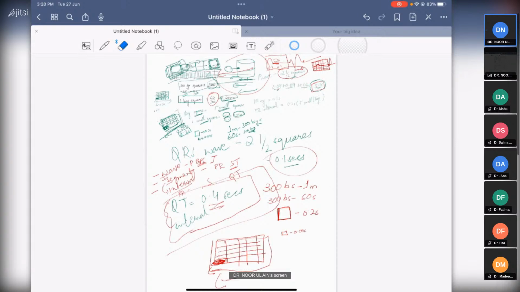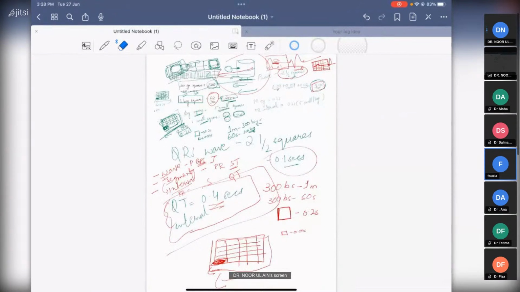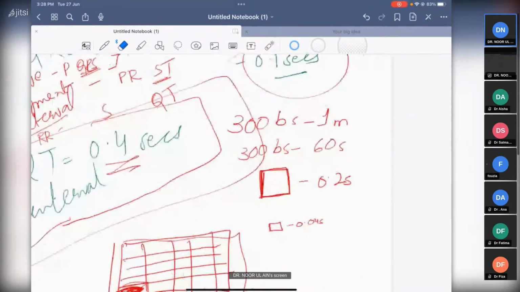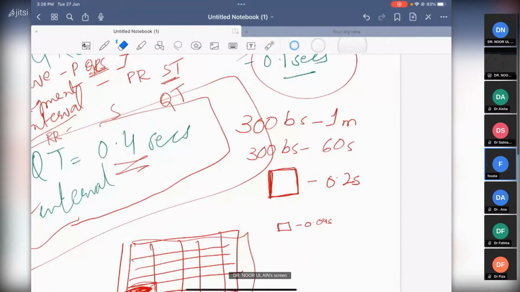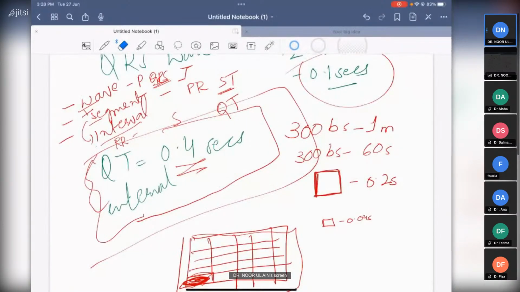Okay, right? Clear, guys? Super. ठीक है. Sorry, please repeat this point. Sure. What do you want me to repeat, Dr. Fauziya? You said 10 small boxes for the U wave or for the QT interval? The entire QT interval.